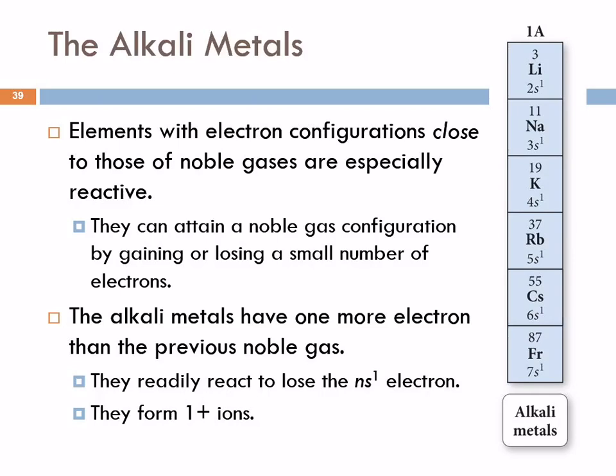Let's look at the alkali metals. The alkali metals are one column over from the noble gases. I actually made a circular periodic table in GRASP on Friday, and I should have brought it in. It also doubles as almost like a Burger King crown. It's really cute.